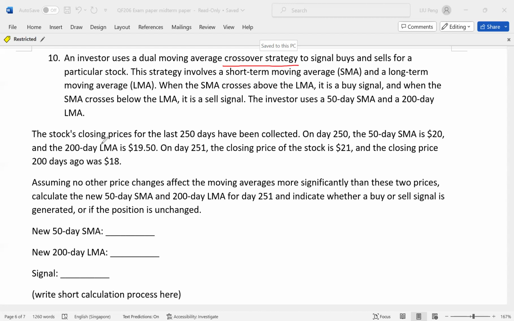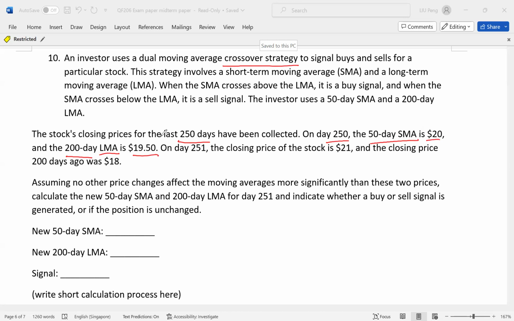The context of the question is we have the last 20 days of data being collected, but we may not necessarily be given each and every day's price. What we're given is, on day 250, the SMA, simple moving average, for 50 day, the short moving average is 20, and the long moving average, which is 200, is 90.5.